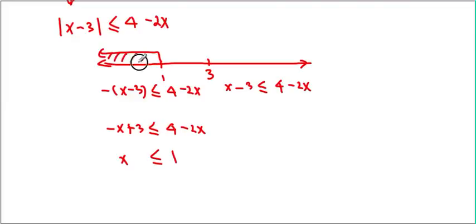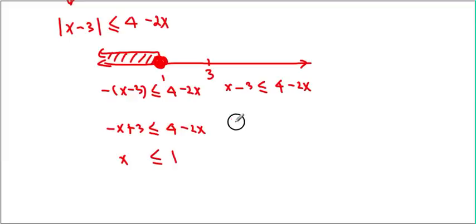You see, this one is our calculated value, and all of them are within the given domain, so we are okay with it. And obviously, if you plug in 1, the right side becomes 2, while the left side becomes 2, so they're equal to each other, so I can include value 1.